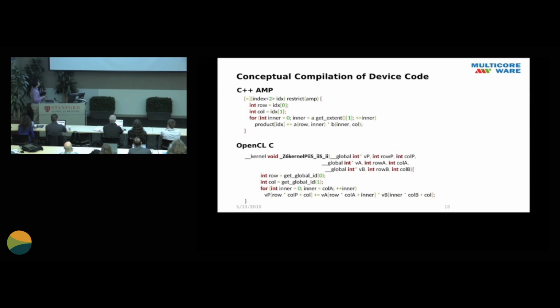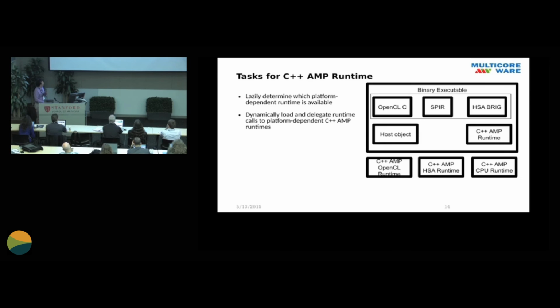For example, this VP, row P, and col P are members inside product, so they will be flattened out as kernel arguments. And also, the compiler will deduce that this integer pointer should be stored in the global memory segment. And that's a conceptual compilation.